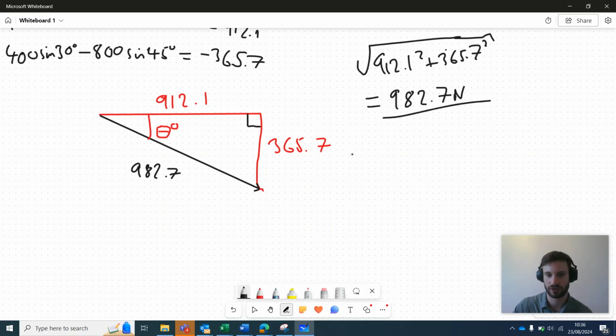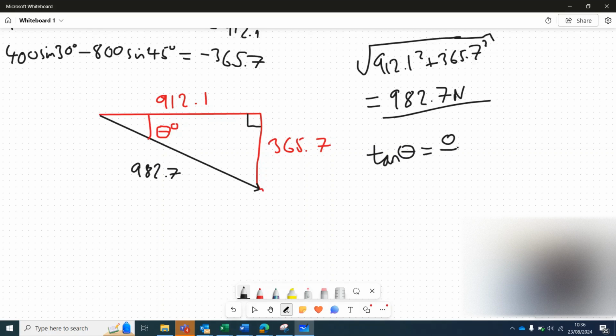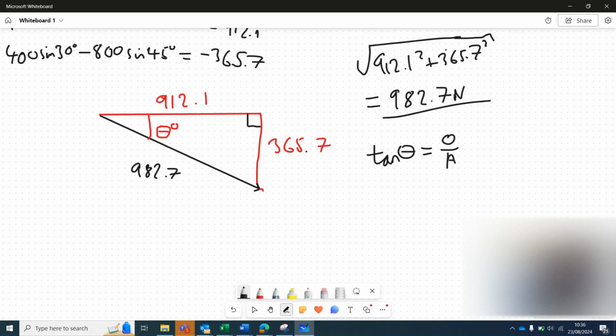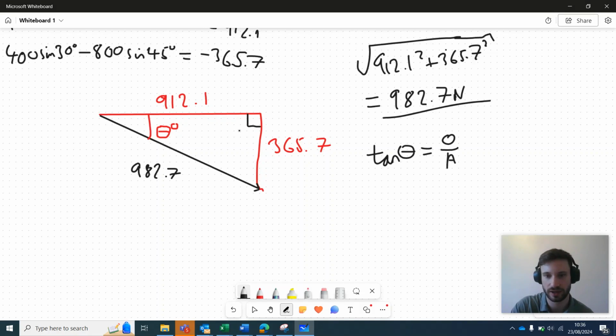Tan is what you would typically use, and I'll explain that here. So tan of theta is equal to the opposite over the adjacent, and in a lot of instances, the opposite can be described as the vertical component, and the adjacent can be described as the horizontal component.